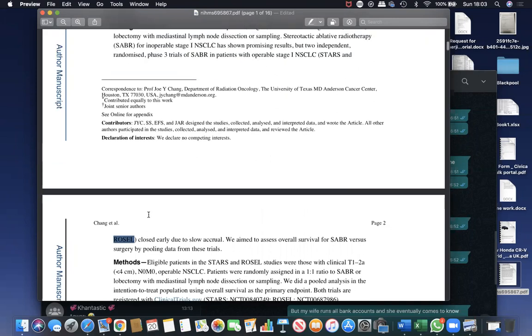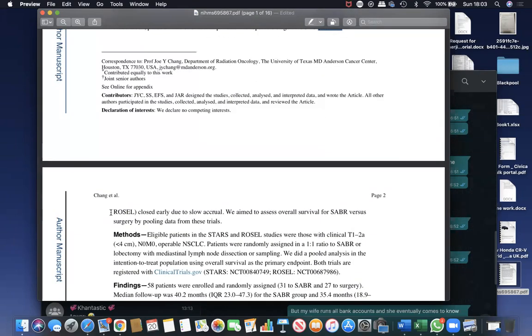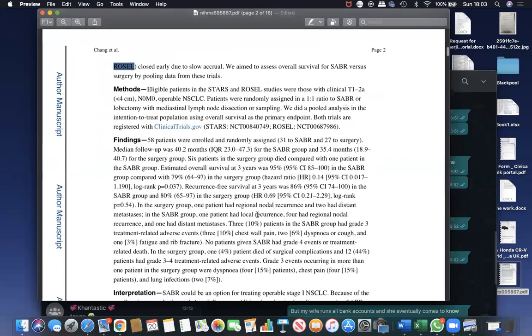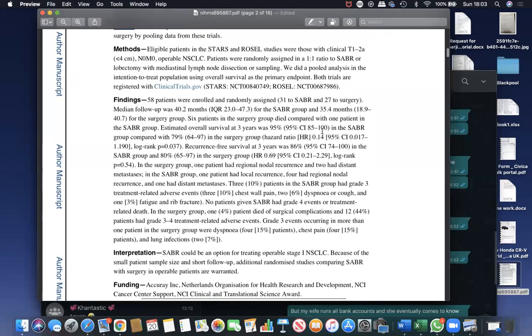Why do you think they use STARS and ROSEL without explaining what it is? Sir, STARS includes only radiotherapy. Sir, surgery is not included. No, even more simpler explanation.